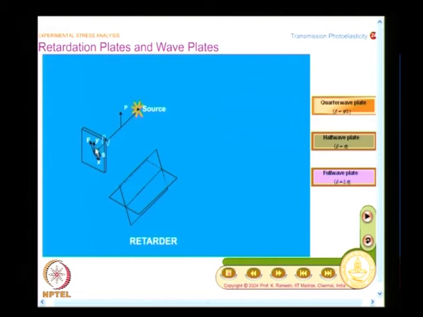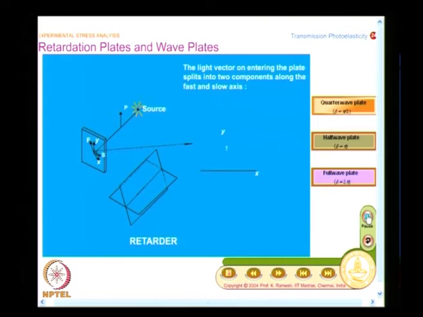As soon as it touches the front surface, it splits into two components, because within the crystal you will have two refracted beams, you are not going to have only one refracted ray, and these two refracted rays will have different amplitudes, which are shown, which is dictated by the angle theta.